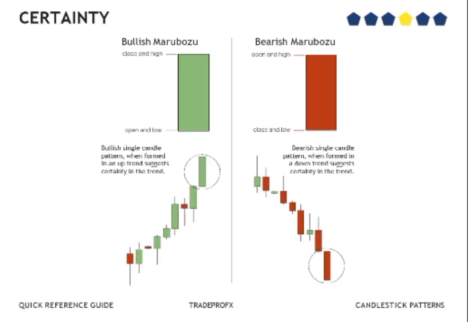So guys, let's discuss a bit about certainty and uncertainty candlesticks. I normally like to show the traders who have subscribed to my YouTube channel some of the key things that they need to know. You can see I've named this one certainty. A bullish marubozu is a candlestick with no shadows or wicks. You remember the normal candlesticks have wicks like this one.